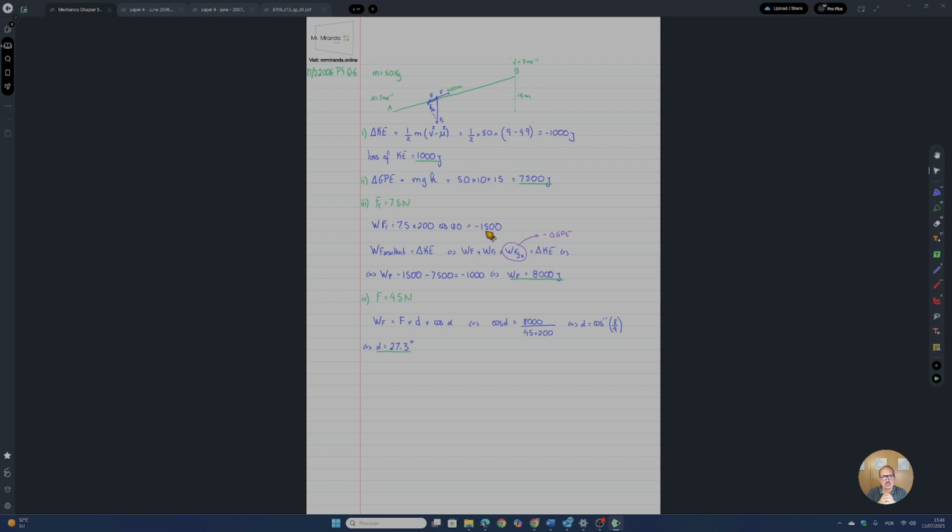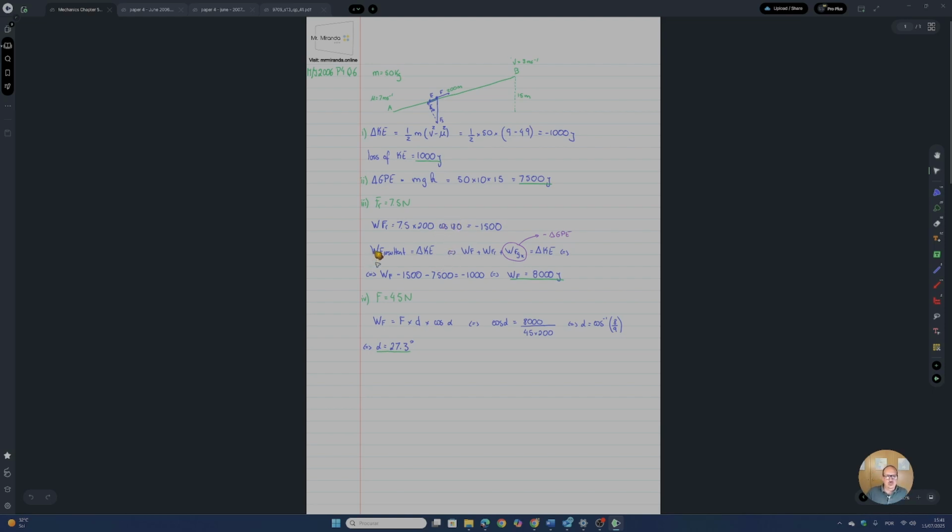If you are completely sure that the force is draining the system in terms of energy, like this friction is removing energy from the system, you can forget about the cosine of the angle between the force and the displacement part of the formula, and just calculate the magnitude and put a minus there, okay? Or else you can just apply the formula and the minus will come as a consequence of the formula.